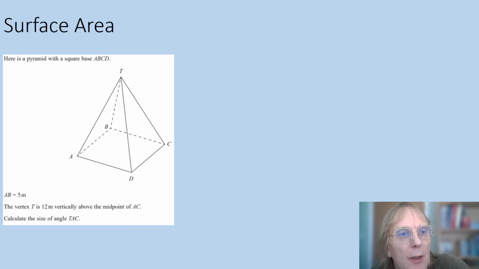Let's have a look at what else we could do. Surface area. Now, surface area, we need to look at all the sides. Now, all the sides are here. We've got 4 triangles, which are actually the same, plus we've got the base. So the surface area, I'm going to call it SA, and that will equal the area of the base, or I'll just put base, plus 4 times the triangles.